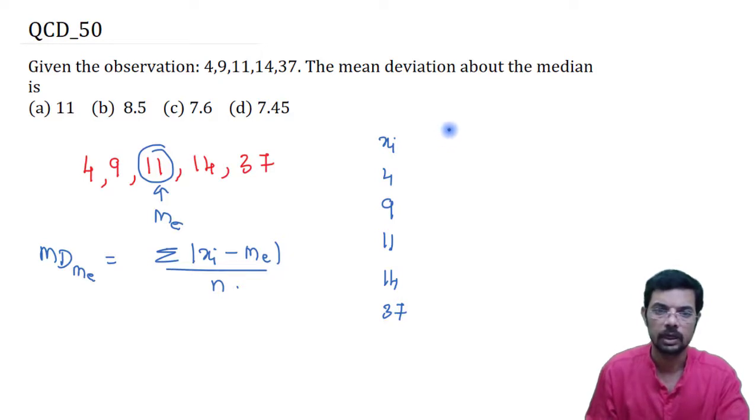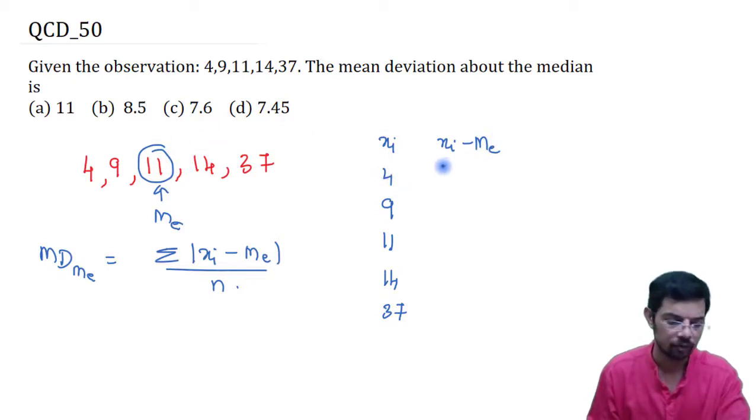Now we need to find out the deviations, that is xi minus Me. Here the median is 11. So we have 4 minus 11. 4 minus 11 is minus 7. Then 9 minus 11, this is nothing else but xi minus 11.